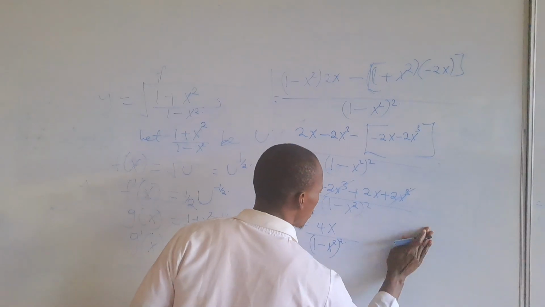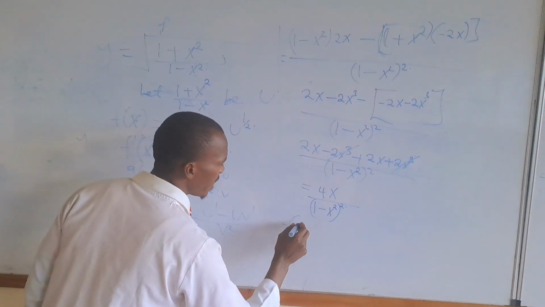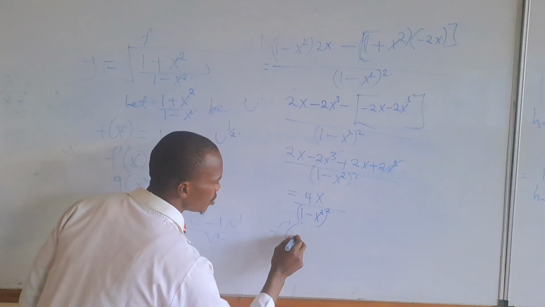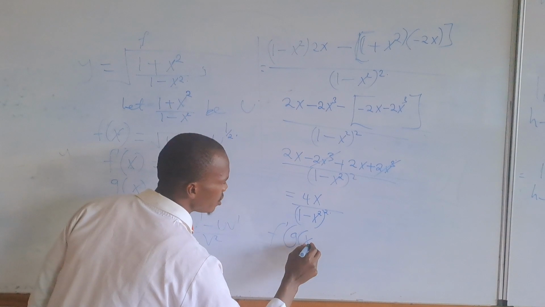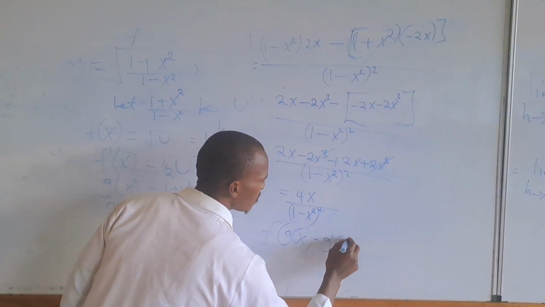Now we use what is called the chain rule, which says that f of x, f prime of g of x again, times g prime of x.